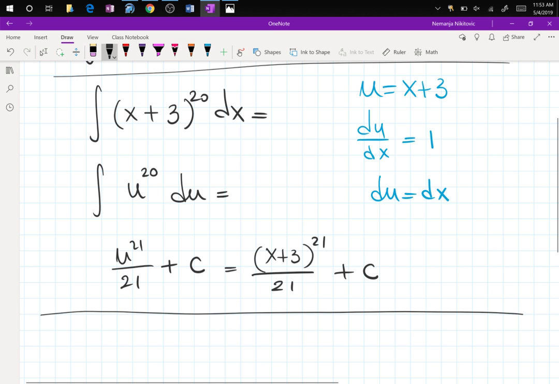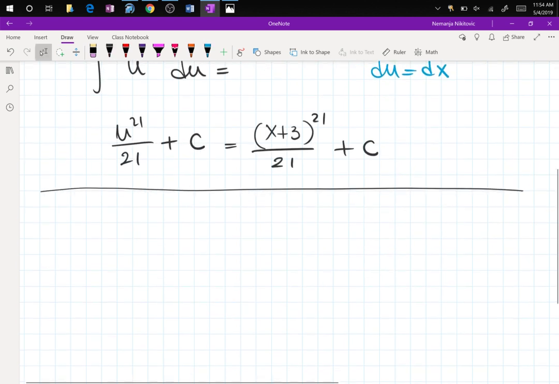So I define whatever is the unnecessary mess as a u, and then go through calculations, and then we replace u back with what u was, because your final answer here has to be represented with the variable that the problem had originally.